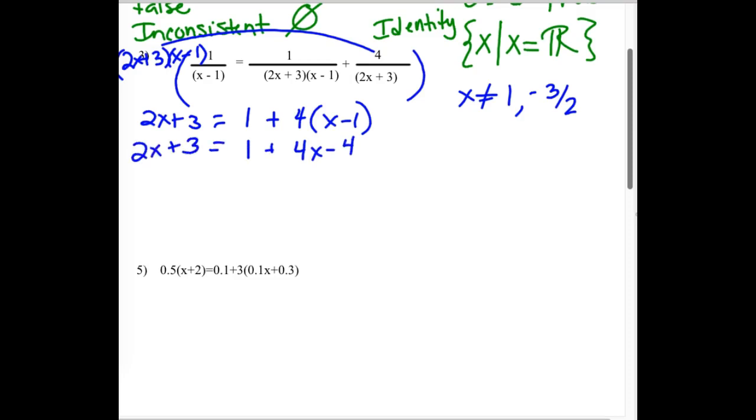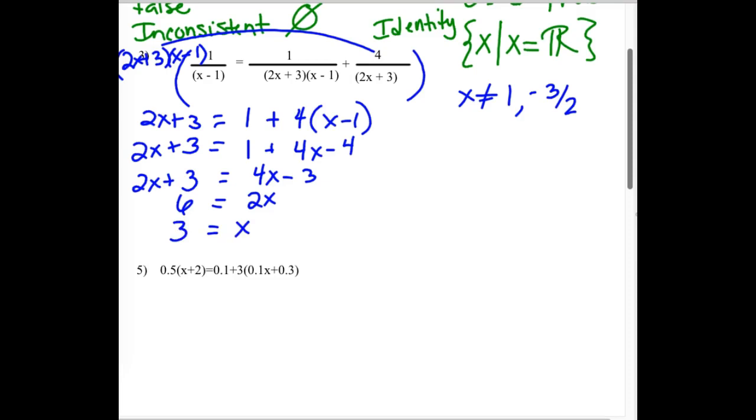Okay, combining like terms, we get 4x minus 3. Getting variables to one side, I could subtract 2x from both sides. I'm left with 2x there. I could add 3 to both sides. That gives me a 6 on the left, which means x is going to end up being a 3.